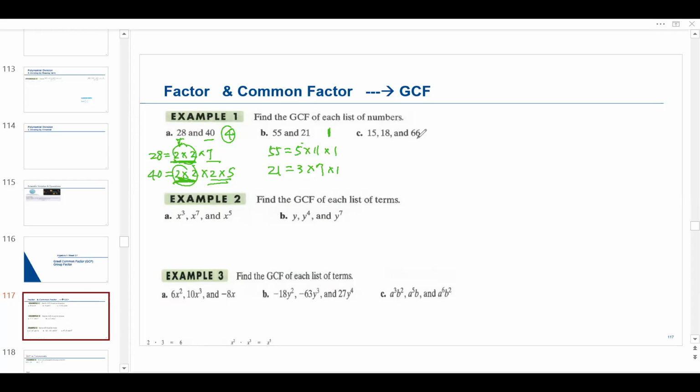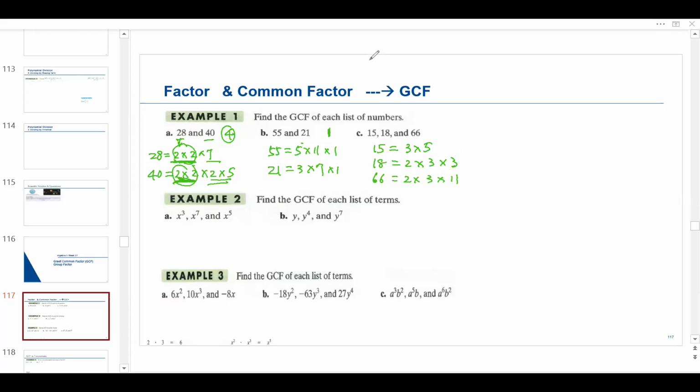So what about 3 numbers? With 3 numbers, we just find the common factor among the 3 numbers. Let's see 15. 15 can be broken down into 3 times 5, right? 18, you can break it down into 2 times 3 times 3, right? 66, you can break it down into 2 times 3 times 11.